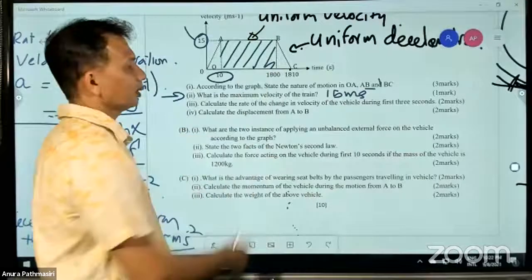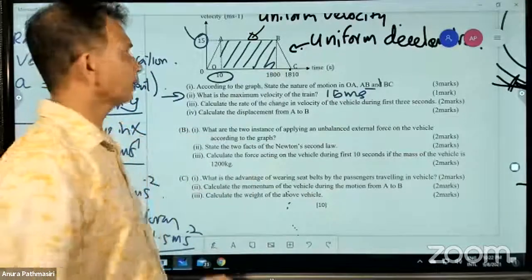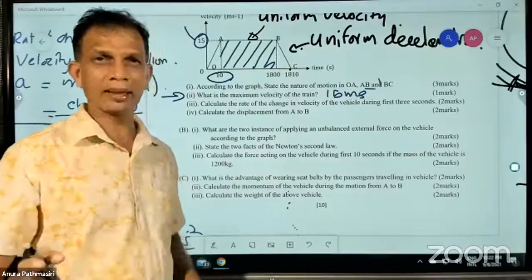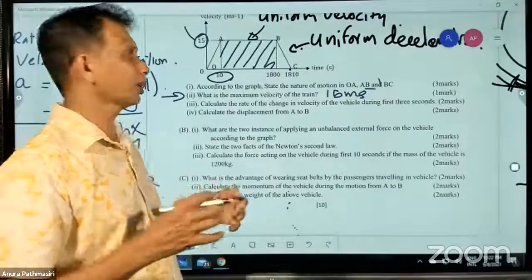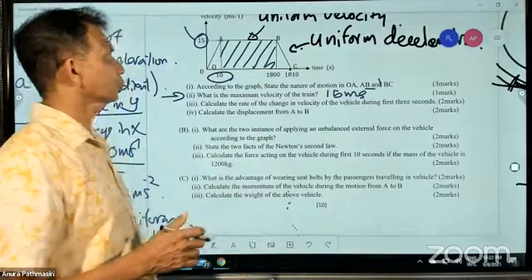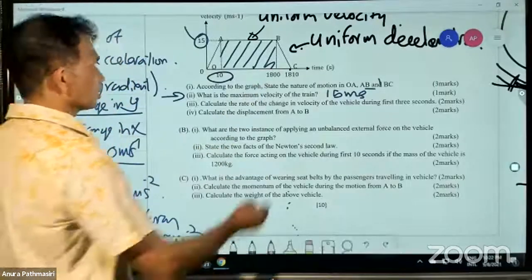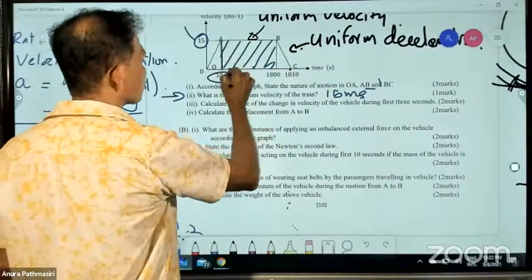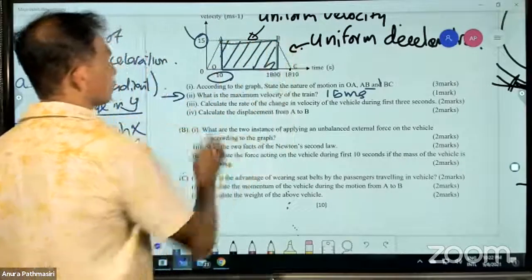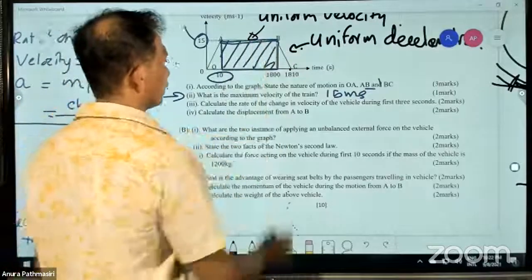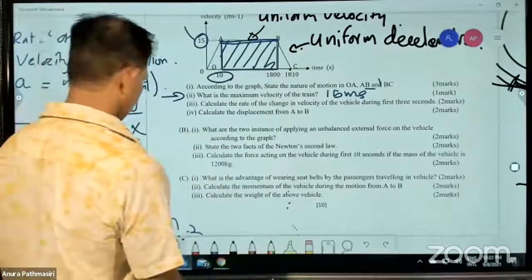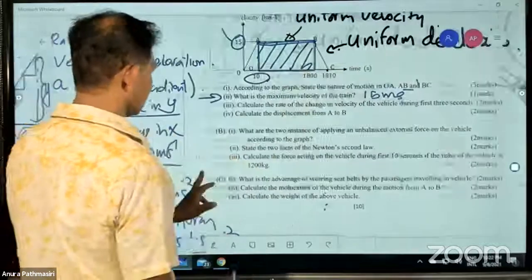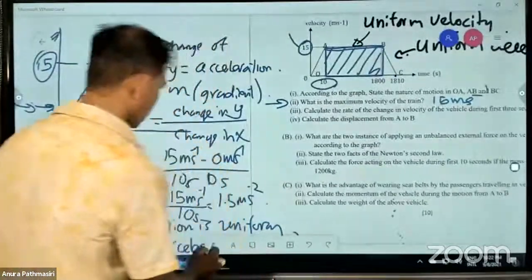Therefore, we want to calculate the magnitude, and the magnitude can be calculated by finding the area depicted by the graph. So the area is given by this. What shape is it? Rectangular. Rectangle, yes, and then try to find that answer.